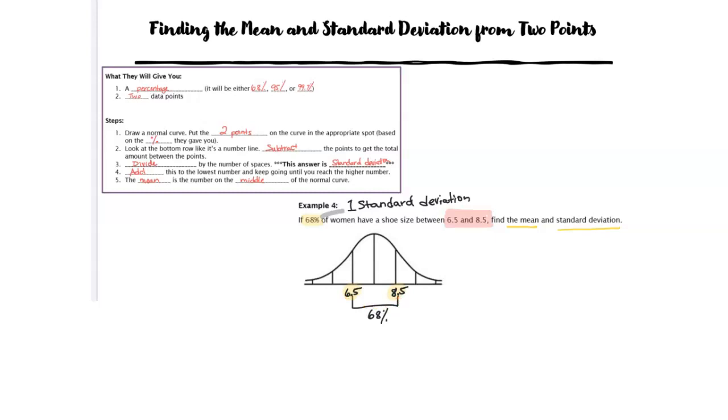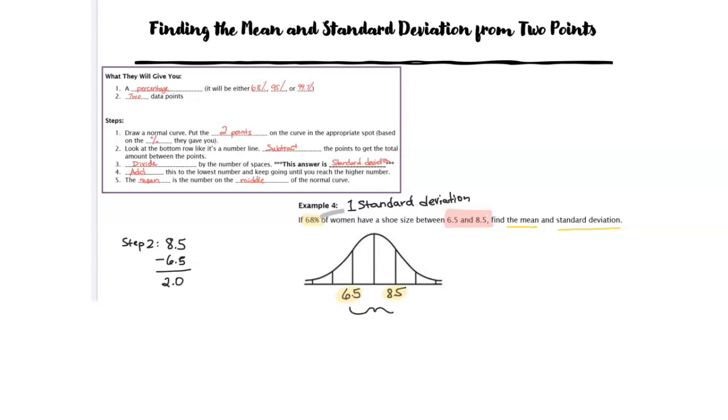Next steps. All right, step 2, we're going to look at that bottom row like it's a number line. So step 2, we're going to subtract to get the total amount that's in between. So we do 8.5 minus 6.5. And 8.5 minus 6.5 gives us 2.0, or just 2.